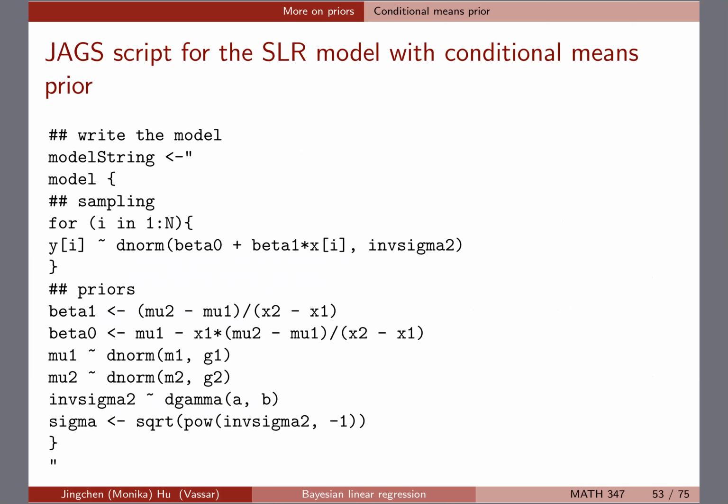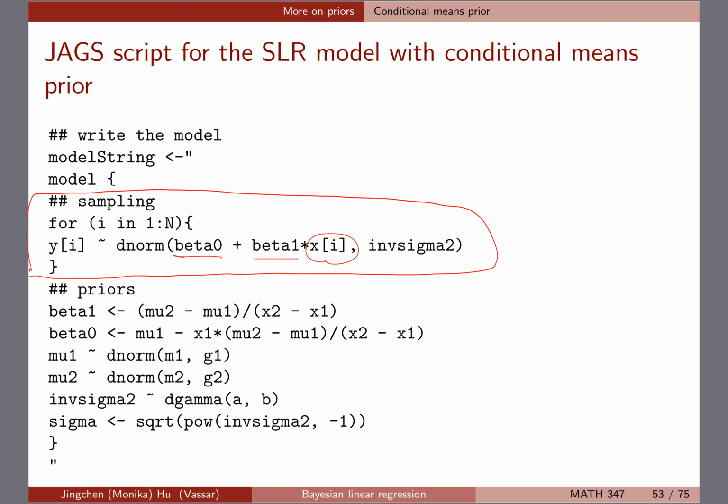The first part is still the same. The sampling part, we still have beta 0 plus beta 1 times the predictor, and then the inverse gamma. That's all fine. What's changed here is the way that we specify the prior, mostly just these four lines. Previously, we gave beta 1 a dnorm something, beta 2 a dnorm something.